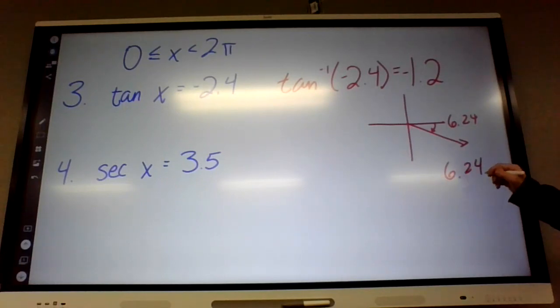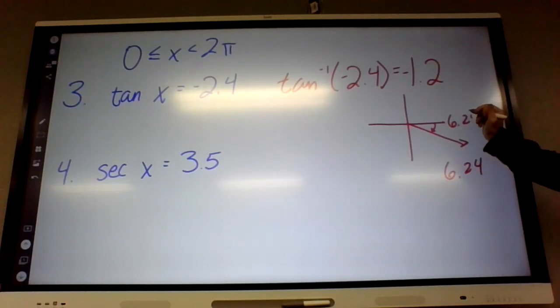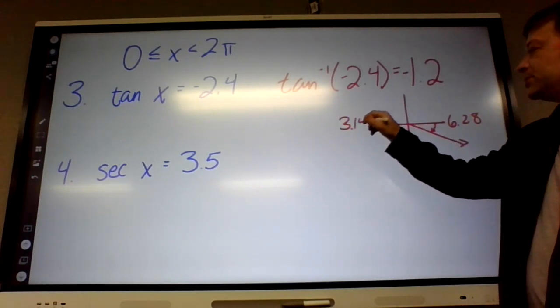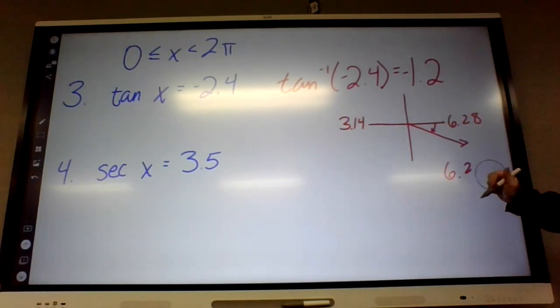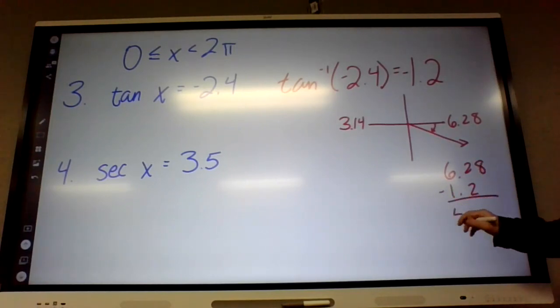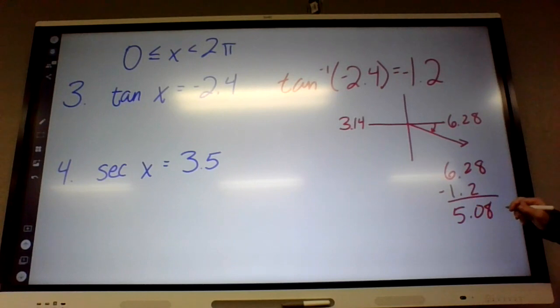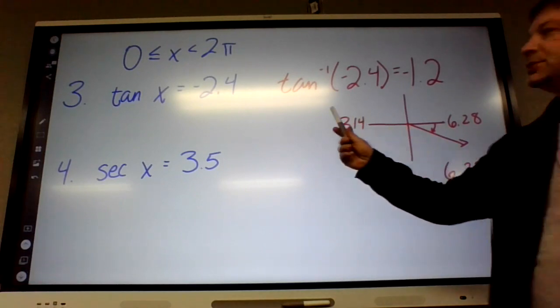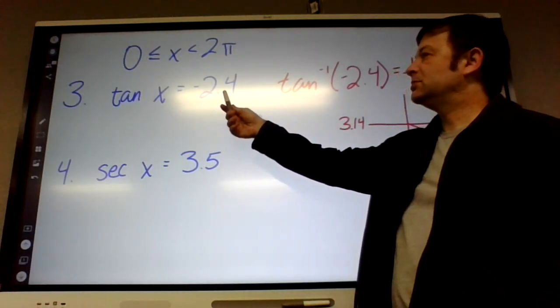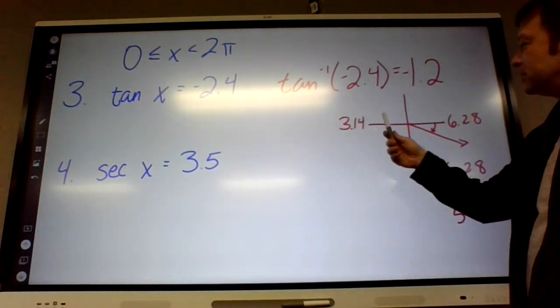Isn't there 6.28? Yeah, you just do 3.14 pi times 2. Yeah, that's right. Where else is tangent equal to something negative? The other side. The second, yeah.